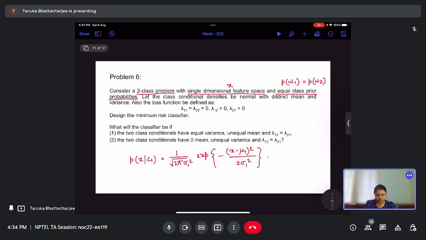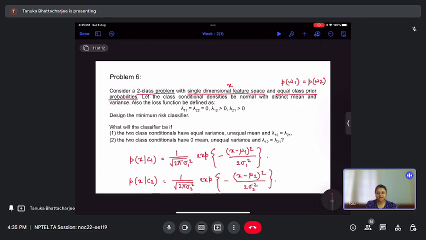We all know this. So this is the class conditional density for class C1. Similarly, the class conditional density for class C2 will be 1 by root over 2 pi sigma 2 square, exponential of minus x minus mu 2 whole square by 2 sigma 2 square. These are the two class conditional probabilities.